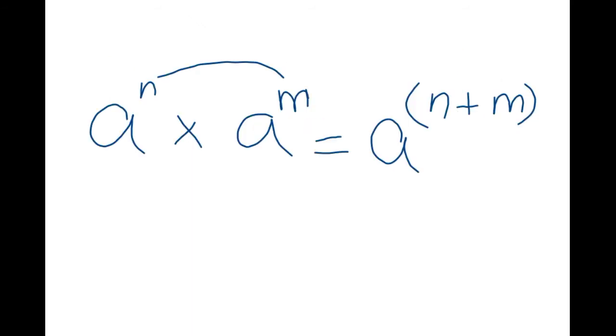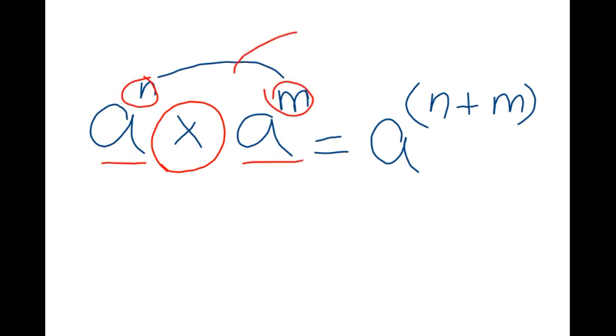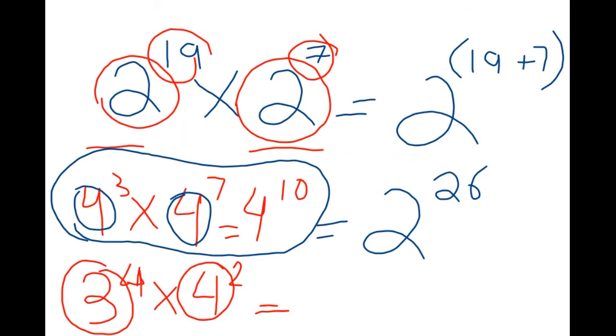Now if you remember the last method which we were doing, when we were multiplying numbers that had the same bases but different powers, their powers were being added up. Like here, 2 and 2 were being multiplied. One has the power of 19, the other has 7. You add them up. 4 has the power of 3 here and 7 here. You add them up, it makes 10.